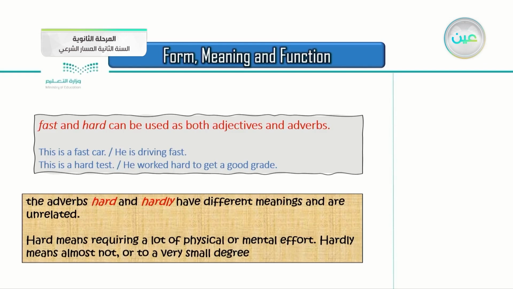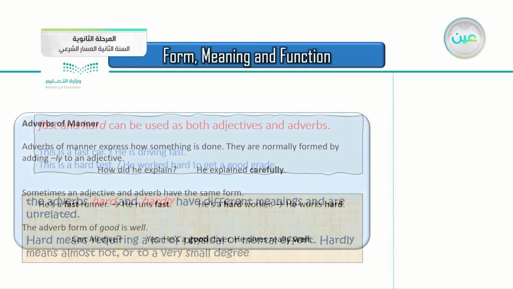On the other hand, hardly means almost not, or to a very small degree. For example, when you say, I hardly ate anything, which means that you just ate maybe 1 or 2 portions, very little portions. So hard and hardly are very different.